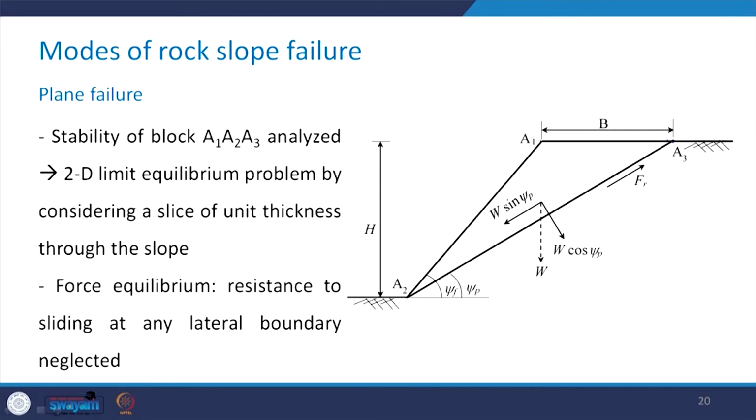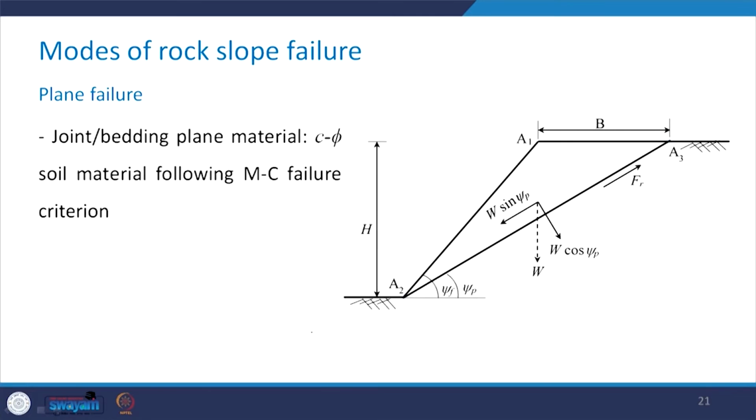The force equilibrium condition is considered, and when we consider this force equilibrium, the resistance to sliding at any lateral boundary is neglected. It is assumed that the joint or the bedding plane material follows the Moore Coulomb failure criterion and it can be considered as the C-phi soil material.